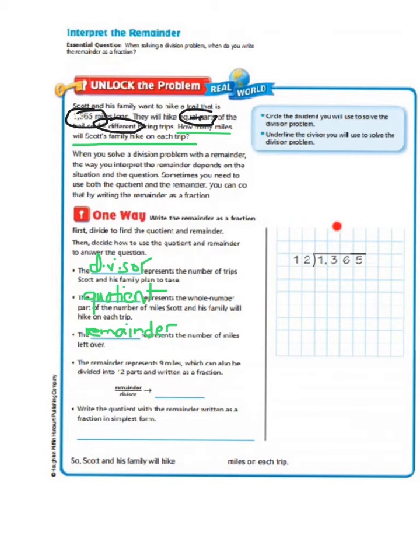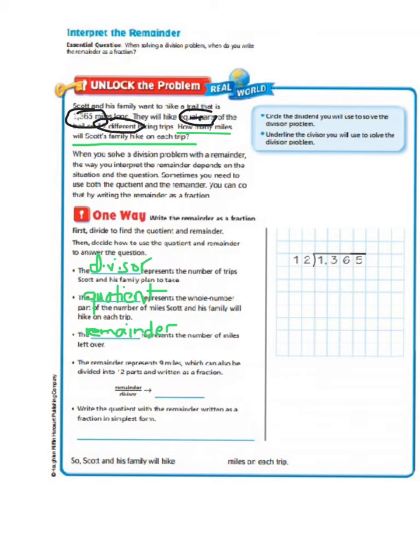So let's come over here to our division problem and take a look. Remember, we have our ones column, our tens column, our hundreds column, and our thousands column. So we have to remember which place value we are going to start with our quotient. So let's take 1 divided by 12.